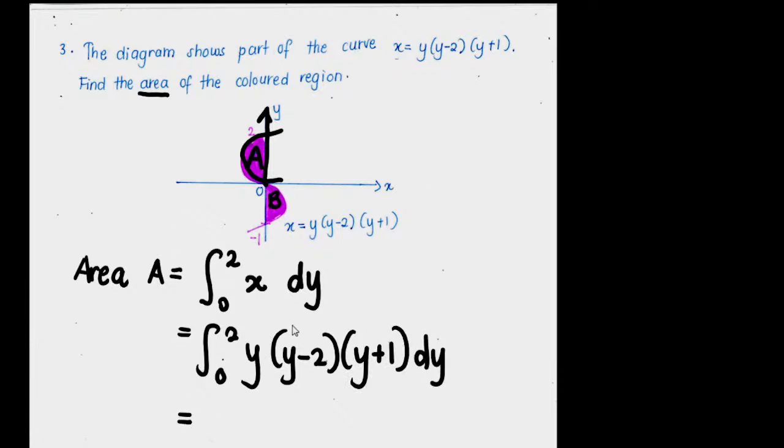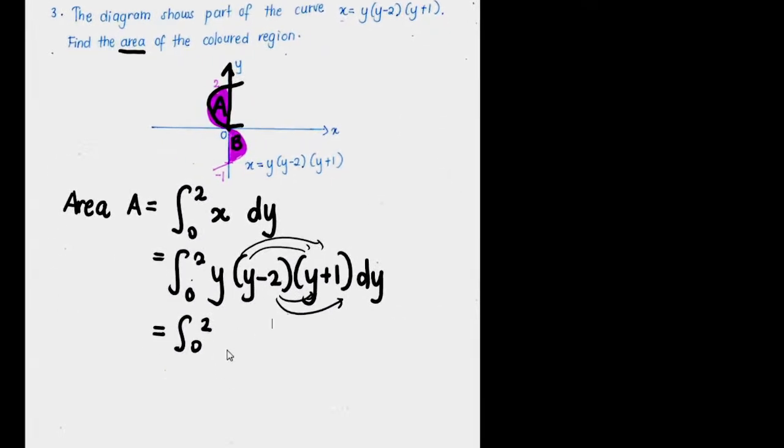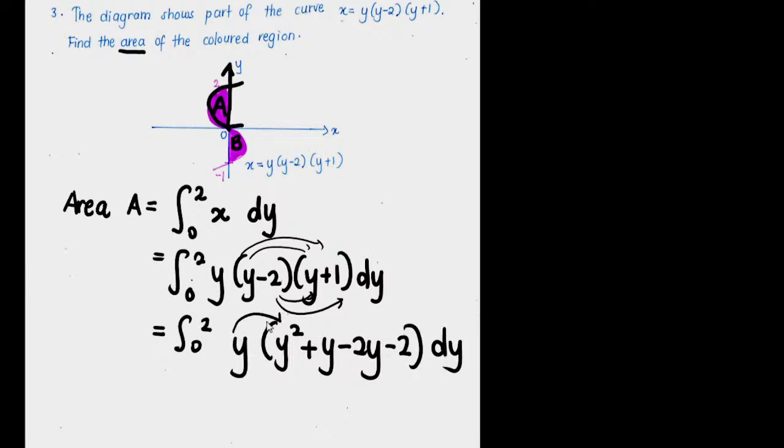Okay, from here we expand this. We expand first, then only can solve. So, okay, teacher's going to expand the back one first. So, we get y square plus y minus 2y minus 2. Okay, then you expand the y. You can solve inside the bracket first, then you expand the y.